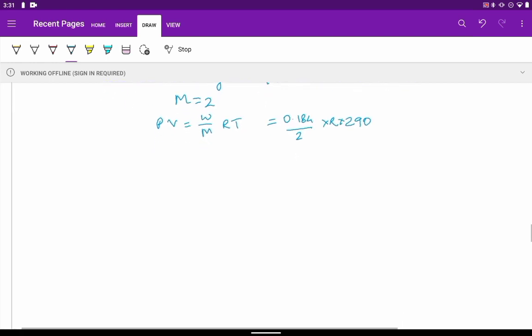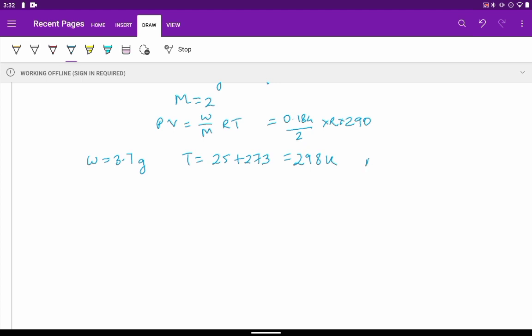For the other unknown gas, W given is 3.7 grams. T is 25 degrees C. Converting it into Kelvin, add 273, we get 298 K. And we have to find out the M, molecular mass.